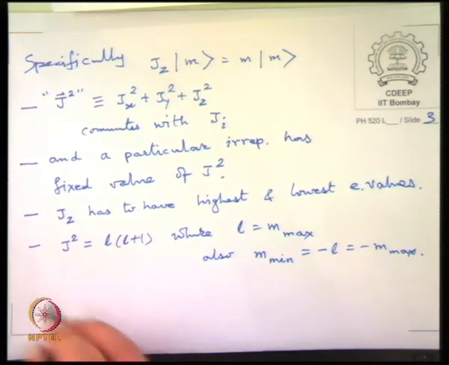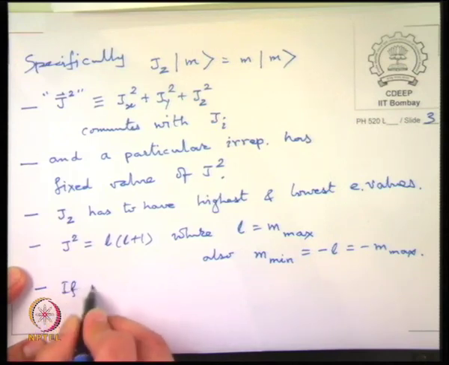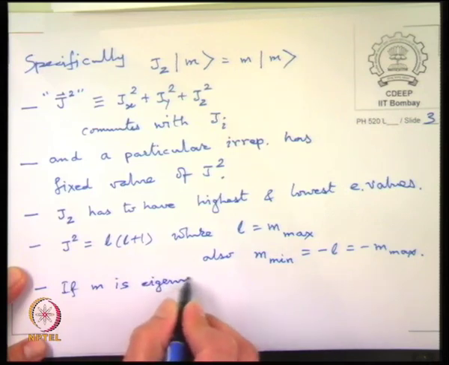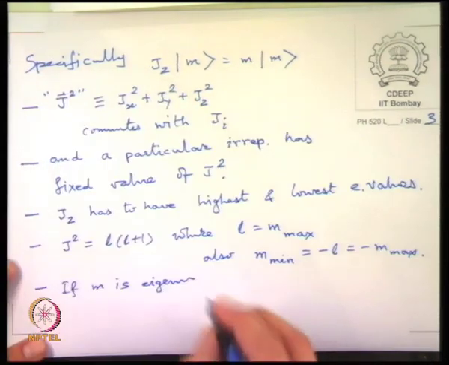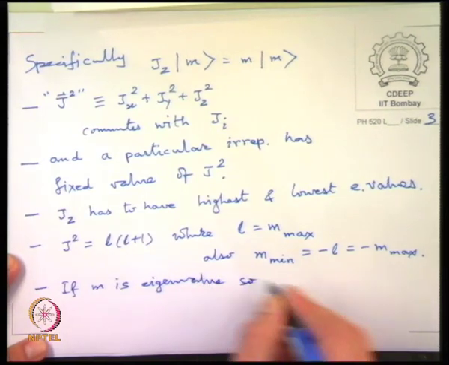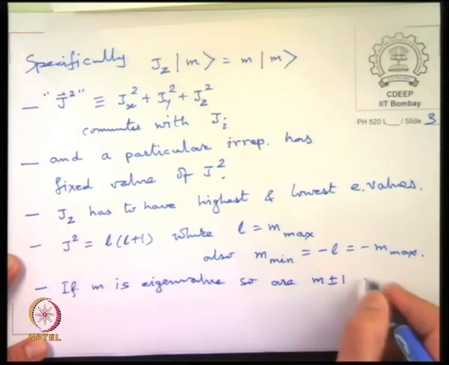And finally, of course, if m is an eigenvalue, then m plus minus 1 also are. That should actually have been the very first statement. m plus minus 1 provided not 0.